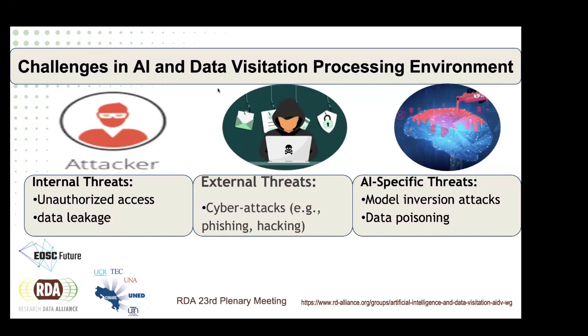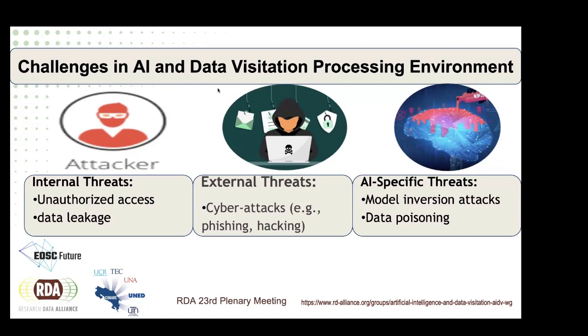One of the challenges is data leakage. We also have external threats, which we know about: phishing and hacking and other cyber attacks that we experience every day on the internet.